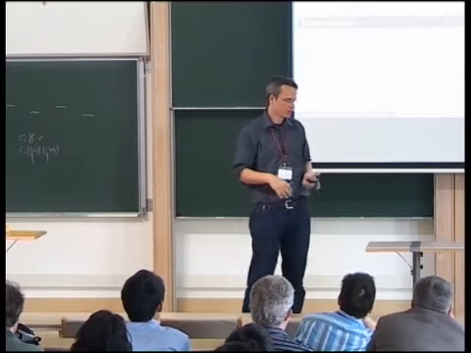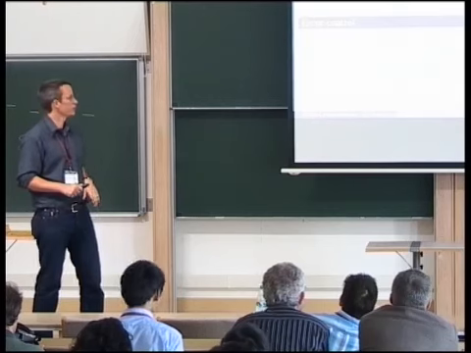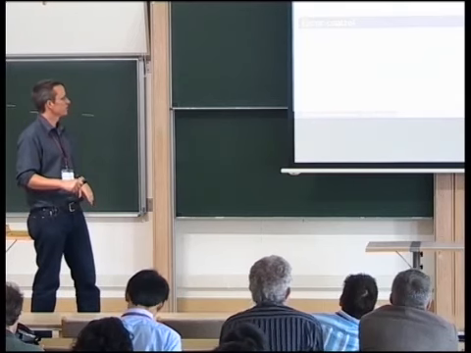So the idea is, if you're willing to make the assumption that the design is random and the distribution of all predictor variables, or at least of a subset of the predictor variables, is exchangeable, then you can call V the number of those predictor variables you're going to include in the final model. And then the expected number of false selections you're going to have in that way is bounded by that quantity.